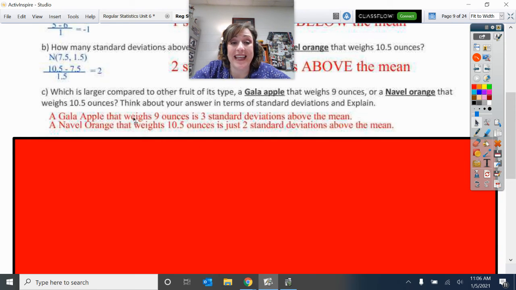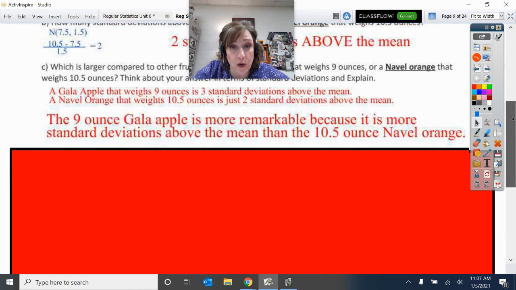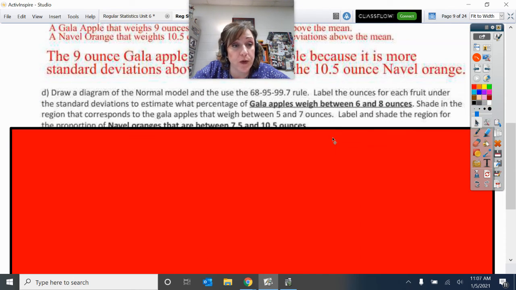A gala apple being 9 ounces is 3 standard deviations above the mean, because the mean for the gala apple was 6. And the navel orange, we had done that here, is 2 standard deviations above the mean. So relatively speaking, the 9-ounce gala apple is more remarkable, more unusual to find, because it's more standard deviations above the mean than that 10.5-ounce navel orange.